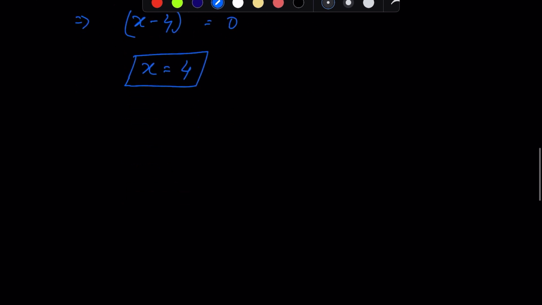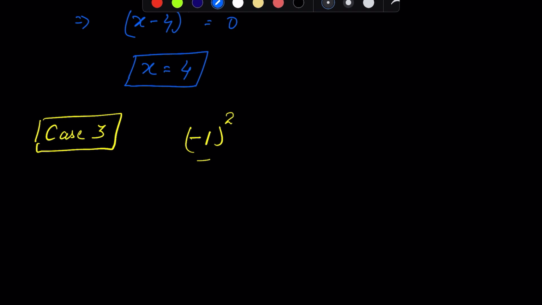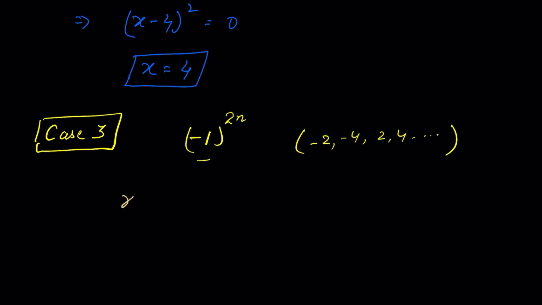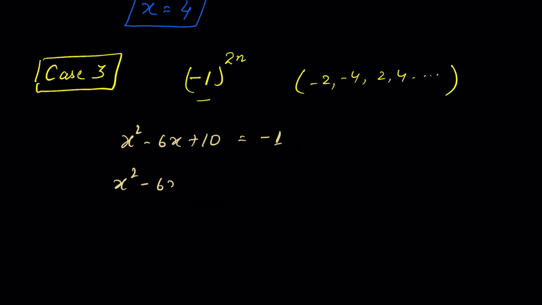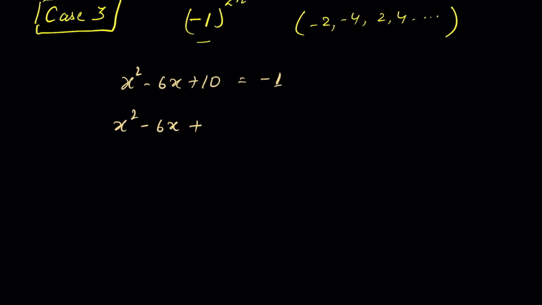Now in case three, when we have −1 raised to the power of an even number, negative or positive, in that case we have x² − 6x + 10 equals −1, or x² − 6x + 11 equals 0. We cannot factorize it.